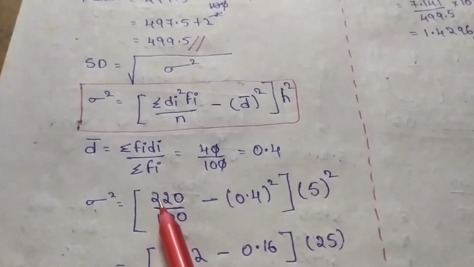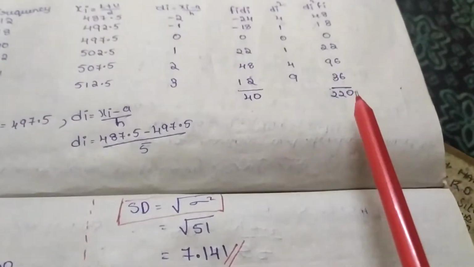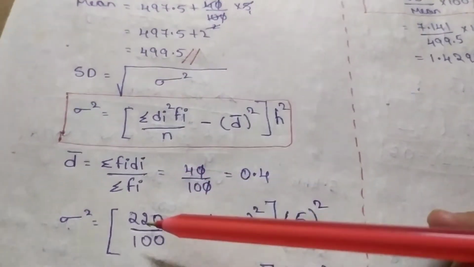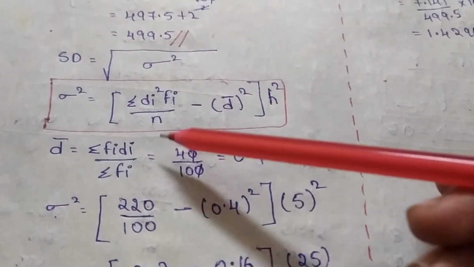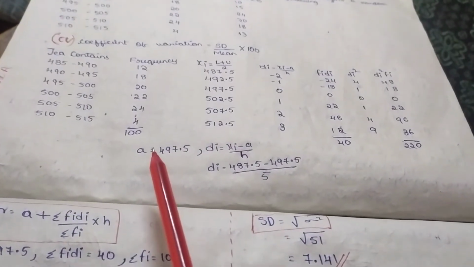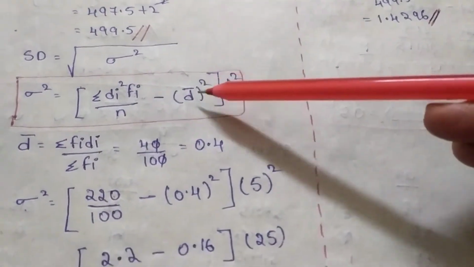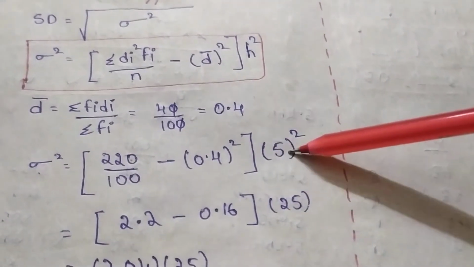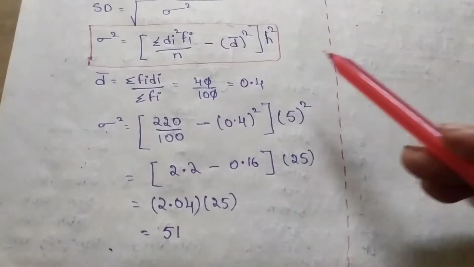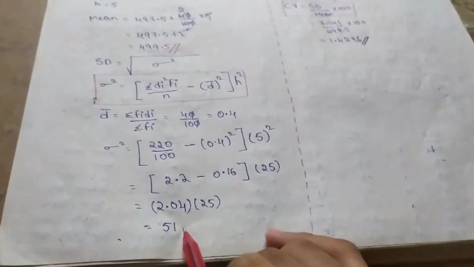Now substituting the values. Summation of di square fi is 220, so we write 220 by summation of fi, which is 100, minus d bar square, 0.4 whole square, into h square, where h is the difference between the class intervals, 5 square. By substituting we calculate this and get the answer 51.